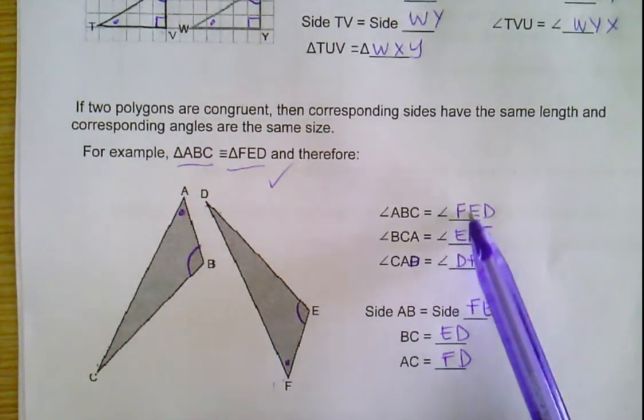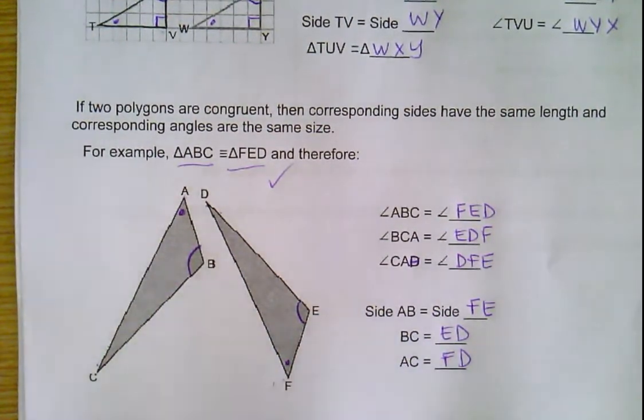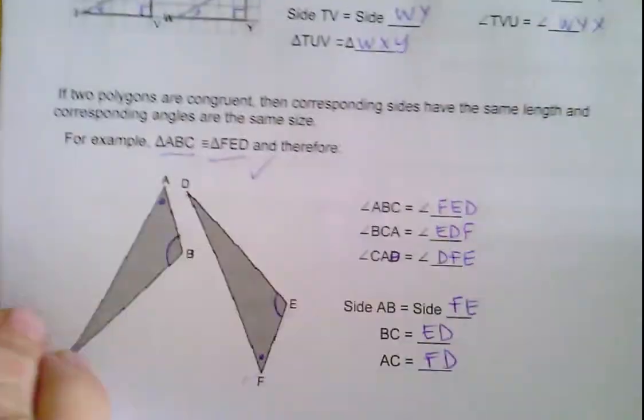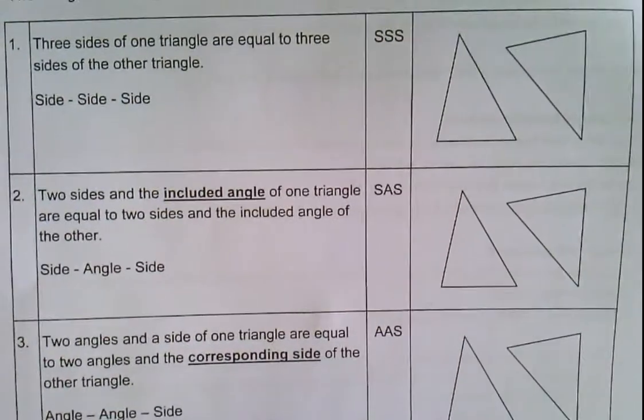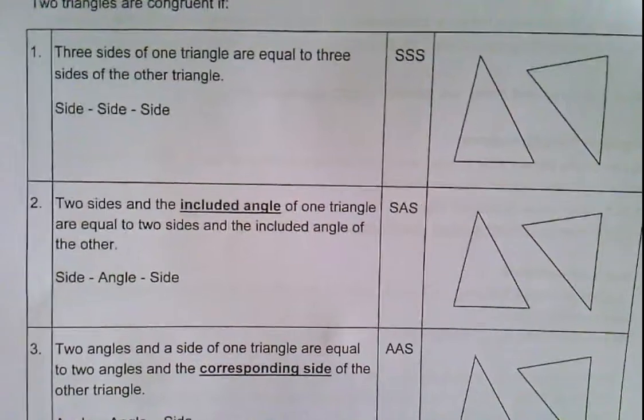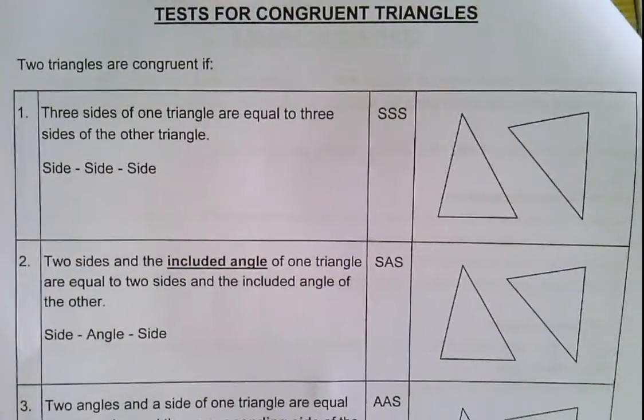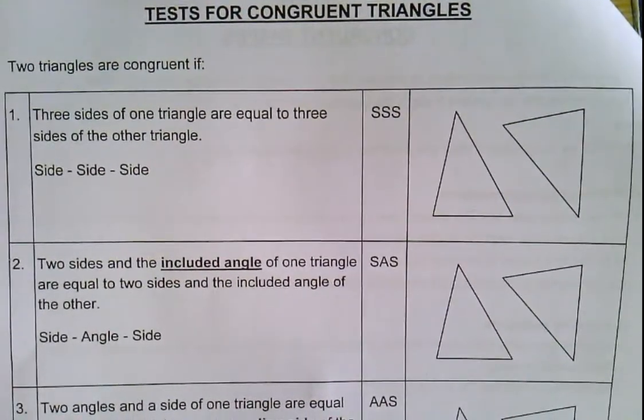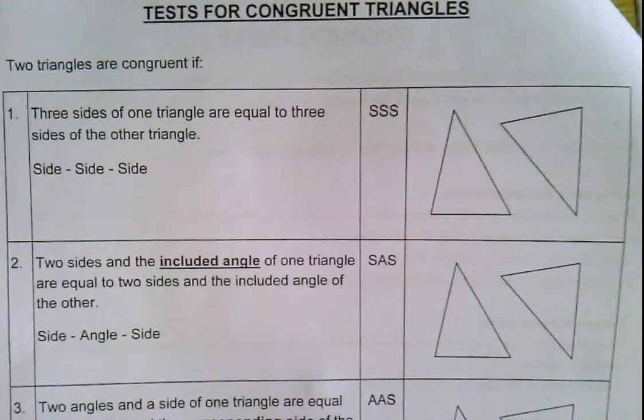Can you see? 1, 2, 3, 4, 5, 6. There's 6 pieces of information when you say that these triangles are congruent. But there are 4 tests that you can use to prove that 2 triangles are congruent, and each test only needs 3 pieces of information. Got it? So, the minimum requirements. These are the tests for congruent triangles, and they're the minimum requirements.